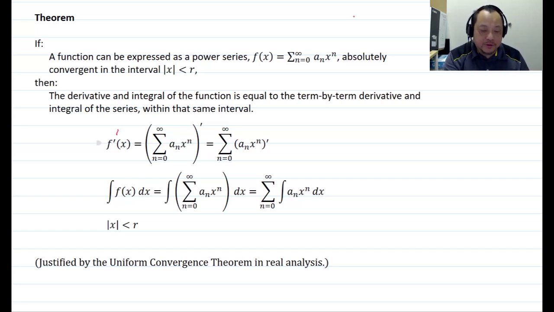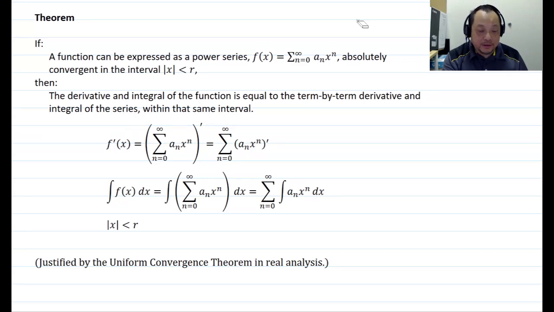The derivative of the function is the same as the derivative of the power series. So far, so good. And what's useful about this theorem is that it says that we can take this derivative here and we can move it inside. We can do it one term at a time. And it would still be equal to the derivative of the given function.